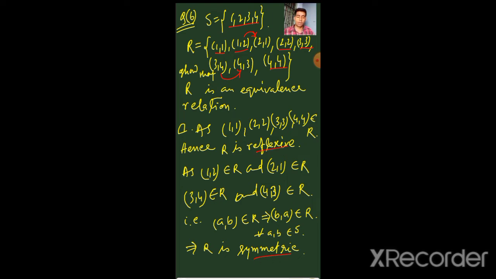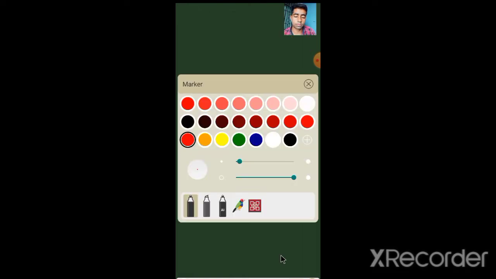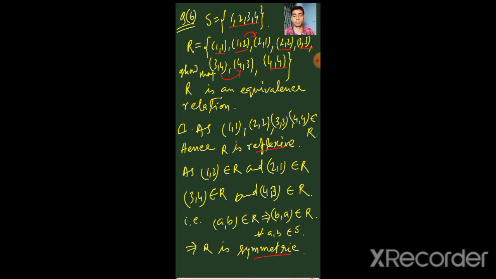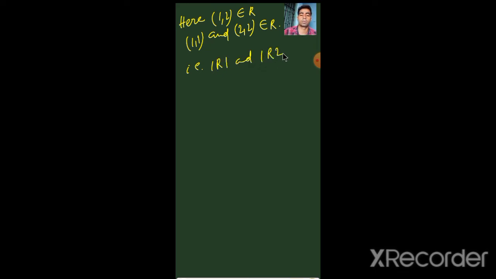Now we have to check whether R is transitive or not. Here (1,2) belongs to R, and (1,1) and (2,2) also belong to R. That is, 1 is related to 1 and 1 is related to 2 implies 1 is related to 2, and 1 is related to 2 and 2 is related to 2 implies 1 is related to 2.